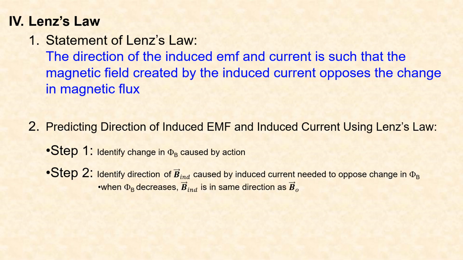When the magnetic flux decreases, the direction of the induced magnetic field must be in the same direction as the original magnetic field in order to oppose the change in magnetic flux. Likewise, when the magnetic flux through your circuit increases in time, the direction of the induced magnetic field must be in the opposite direction of the original magnetic field. Why? In order to oppose the change in magnetic flux.